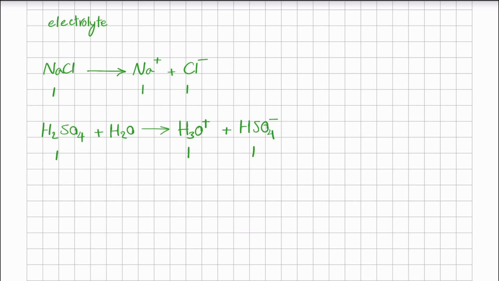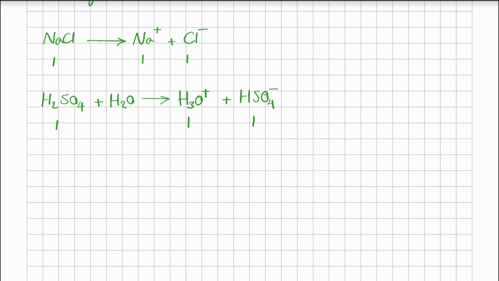But I'm going to give you another example, which is somehow different. The example is about carbonic acid. H2CO3 plus water will give us H3O+, or hydronium, plus hydrogen carbonate.